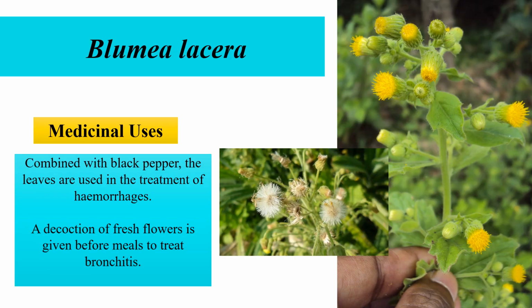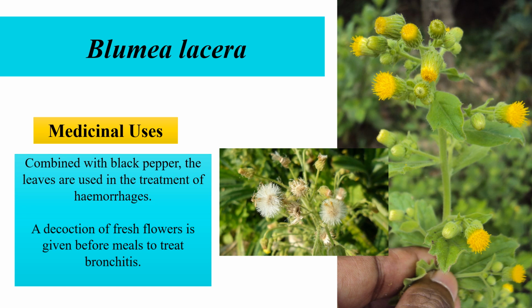Now, Blumea lacera, you can see in the picture that I have shown that the flowers are yellow in color, and in another picture the flowers are white in color. So in the first stage of flowering, the plant has yellow flowers, these are the disc florets.